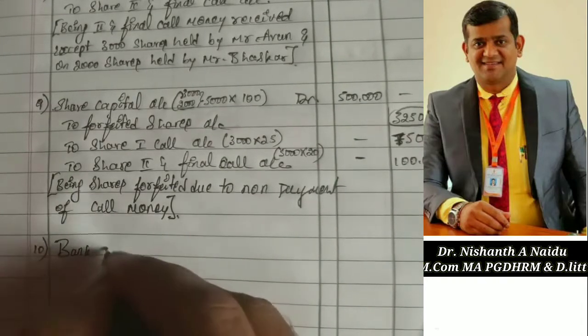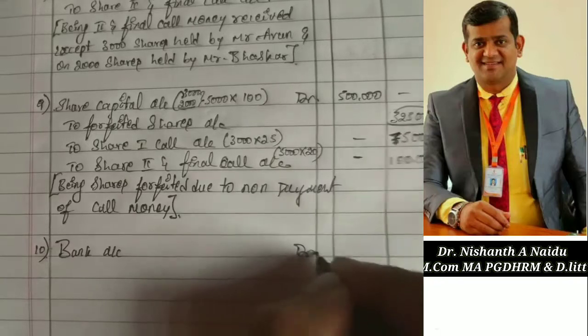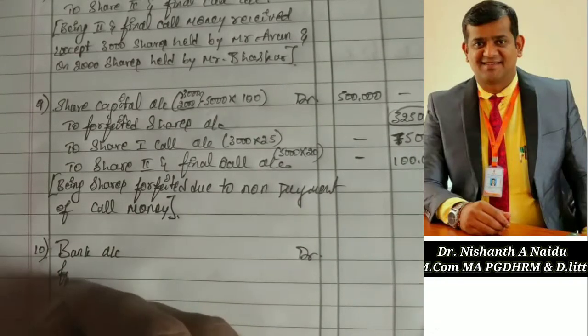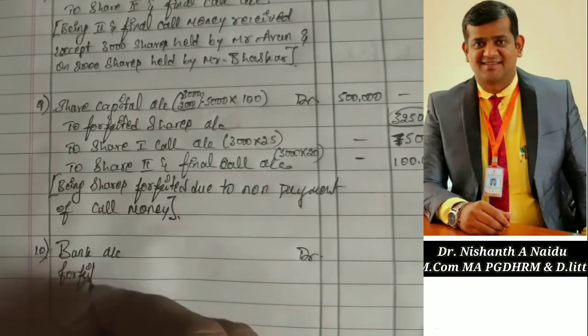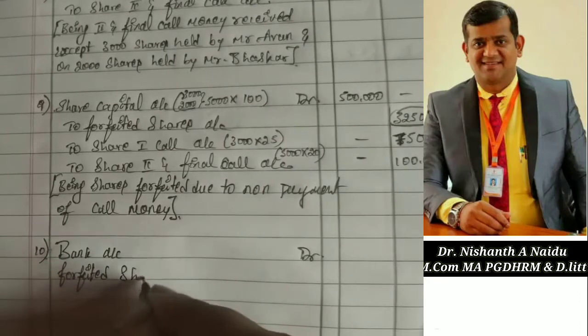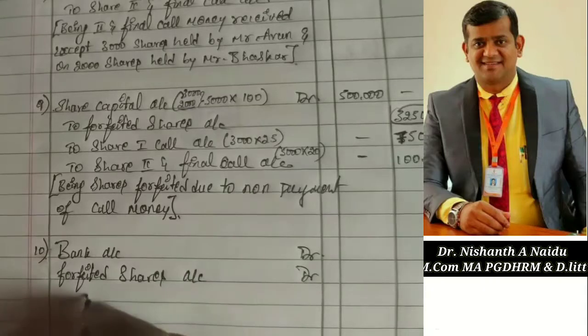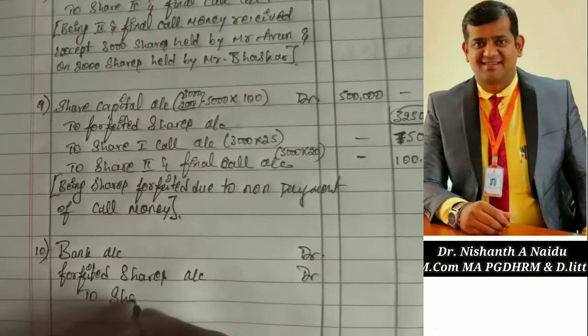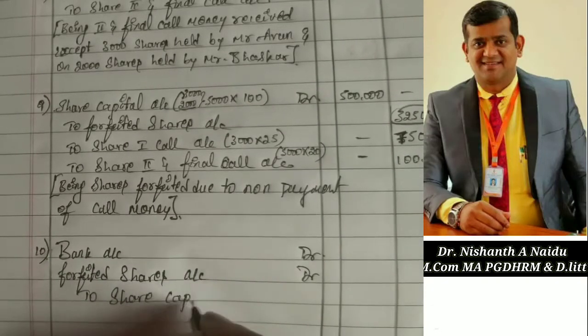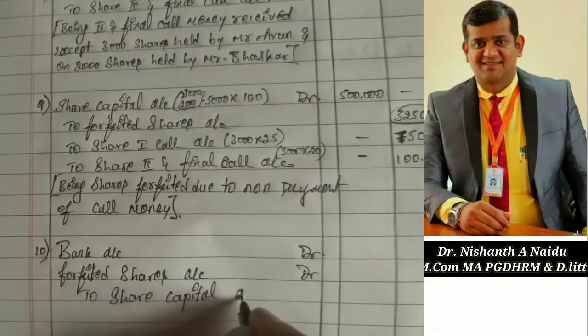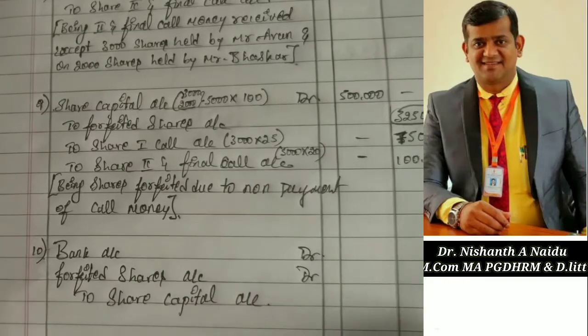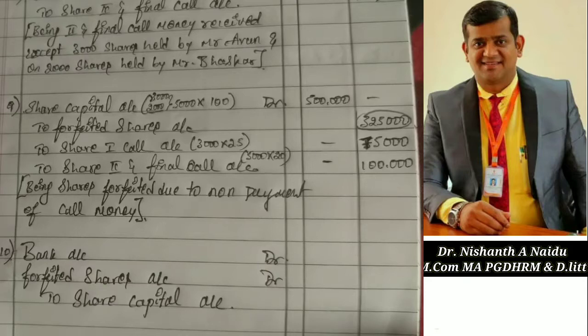So bank account debtor, forfeited shares account debtor to share capital account. So this is the journal entry for reissue of forfeited shares.